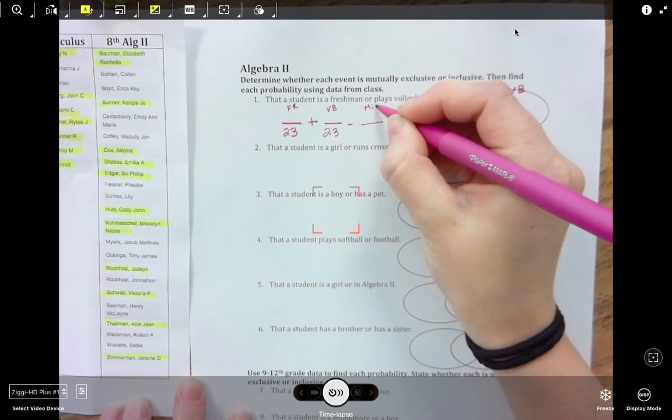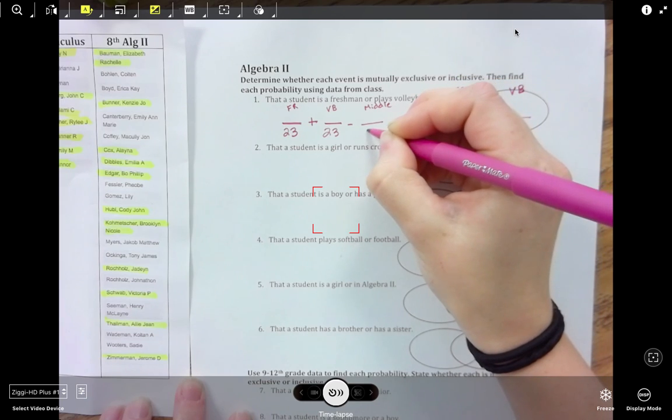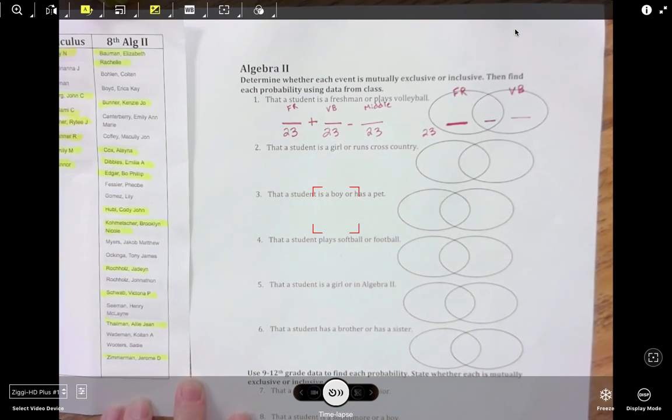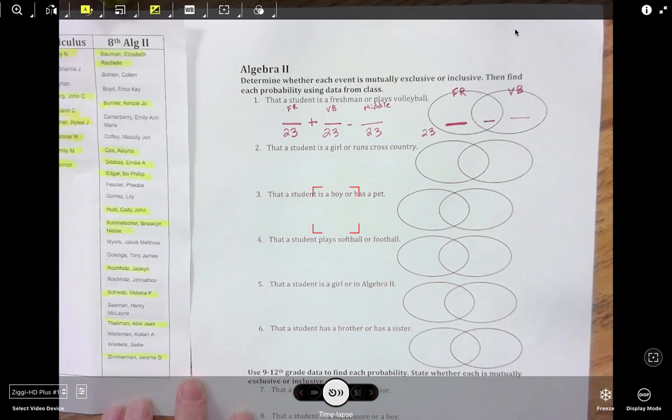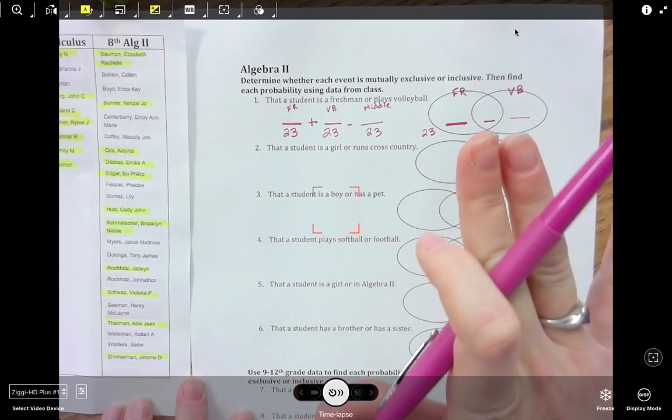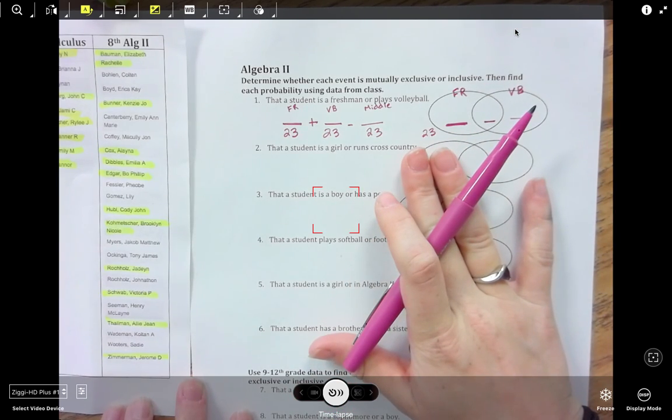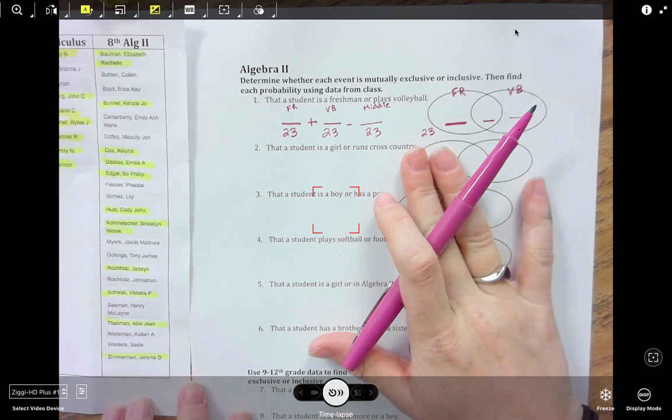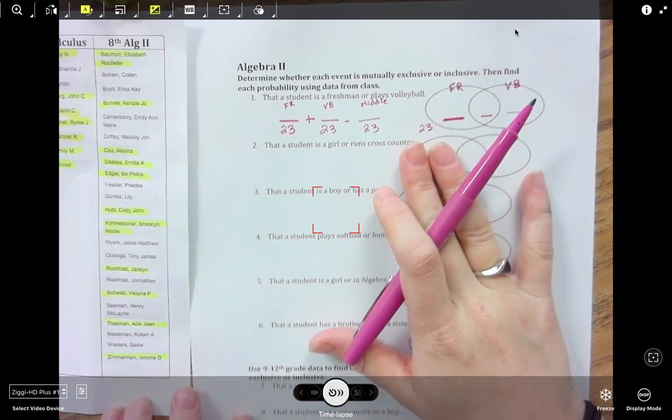So subtract out the middle, and this gives me the probability that I am choosing a student that is either a freshman or a volleyball player. If you want to freeze or pause this as you do this exercise, I would encourage you to do that. That way you have the list of all the students in this class.